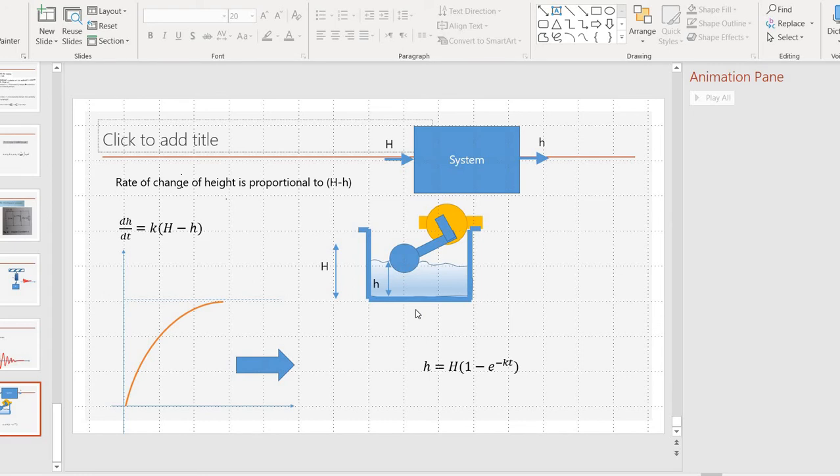I'm going to look at this float. The float shows the level of the water in this tank. And then this yellow part, imagine, is the part that water can come in.